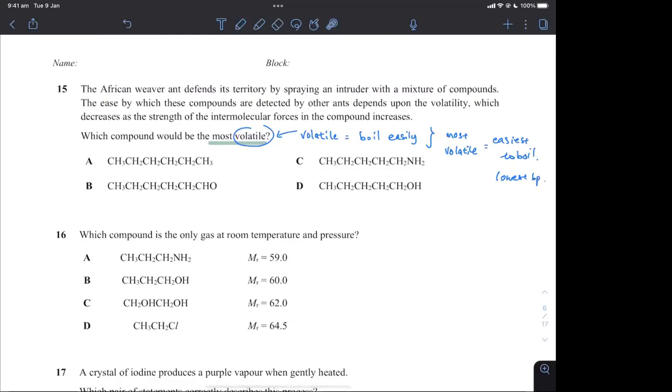These are all simple covalent molecules. When you think about simple covalent molecules or simple molecular or simple covalent structure, you are just breaking the weak intermolecular forces. Now we know that there are different intermolecular forces. There's the van der Waals, which is weaker than permanent dipole, which is weaker than your hydrogen bond. So if you want the lowest boiling point, choose the one that does not have hydrogen bond.